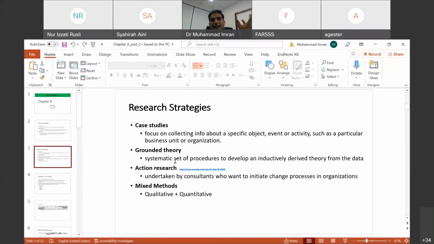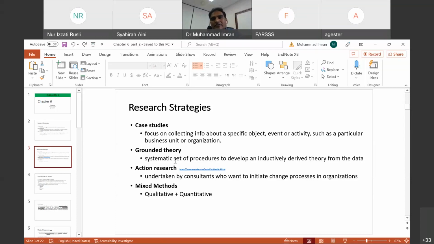We get the performance records from the HR department, and on the basis of that data we can propose a theory: low salary leads to low performance of the employees. This is a theory.